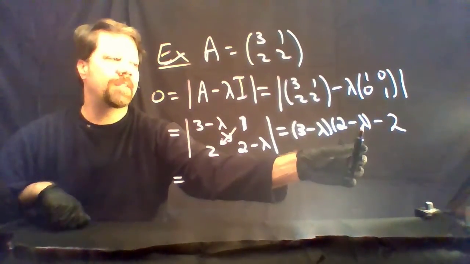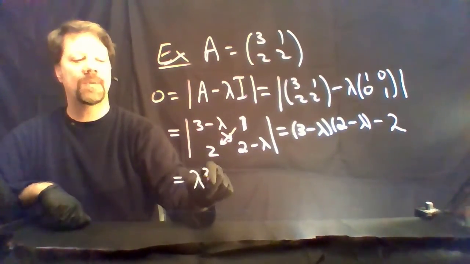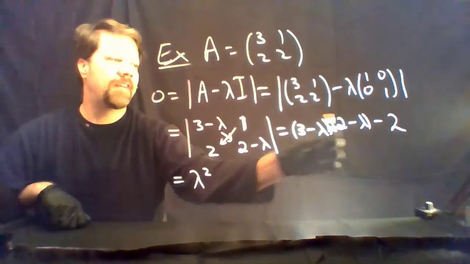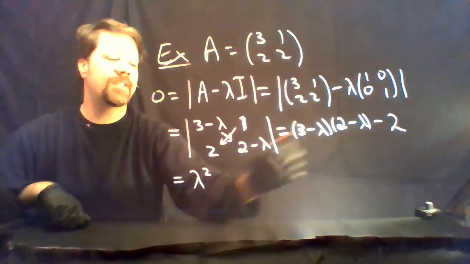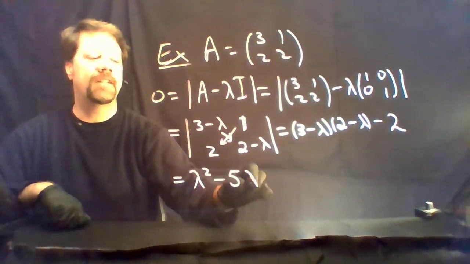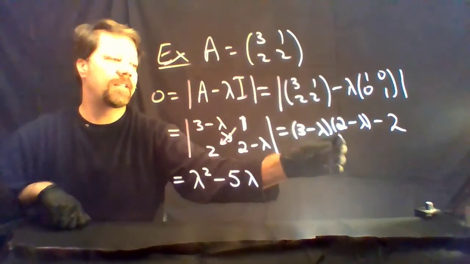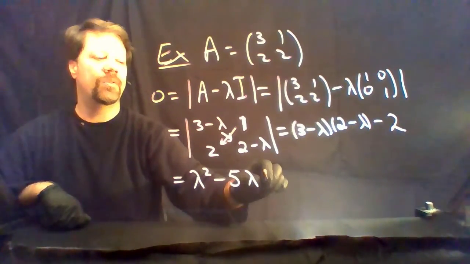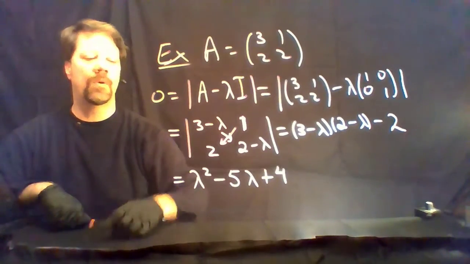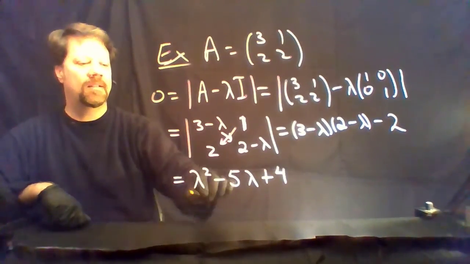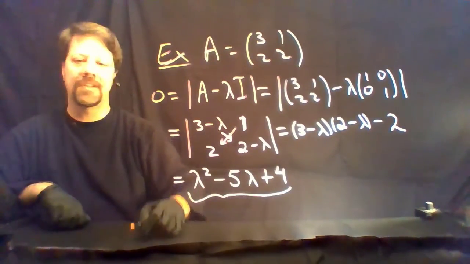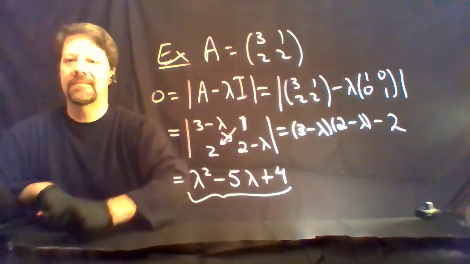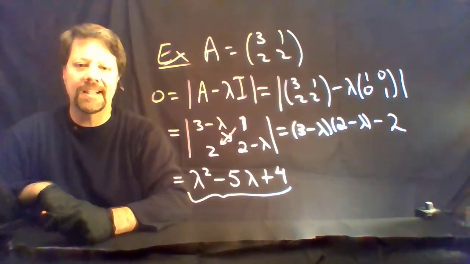Multiplying negative lambda times negative lambda gives us lambda squared. We'll have negative 3 lambda minus 2 lambda is minus 5 lambda, and then 6 minus 2 is plus 4. Notice we have ourselves a quadratic equation. You know how to solve all quadratic equations.